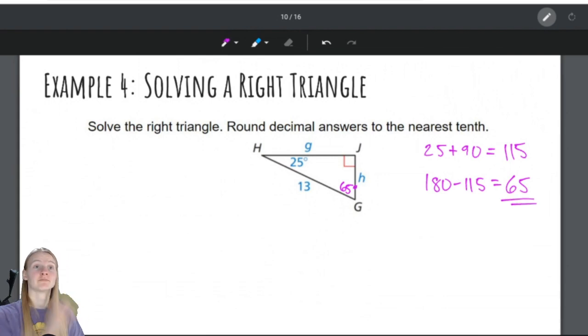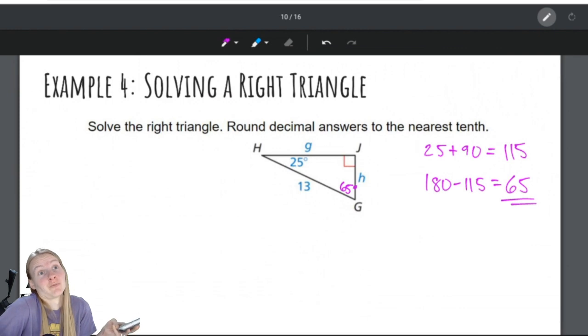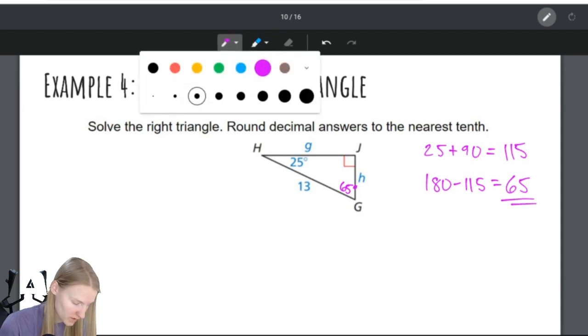Beautiful. We already have all of our angles. Nice and easy. Now all we have to do is find 2 sides. We need to find this side and this side. So, which one do you want to find first? It doesn't matter. You want to look at G or you want to look at H. Does not matter. So, let's get a different color here.